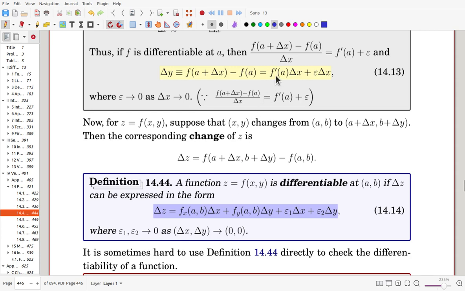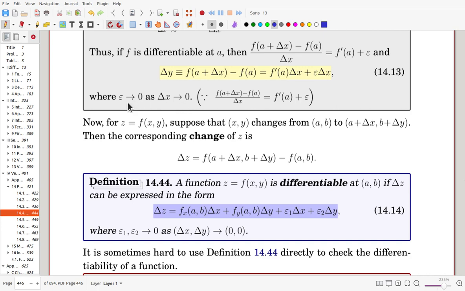So it is exactly the same as the one variable definition, where f prime of a exists such that epsilon approaches 0 as delta x approaches 0.